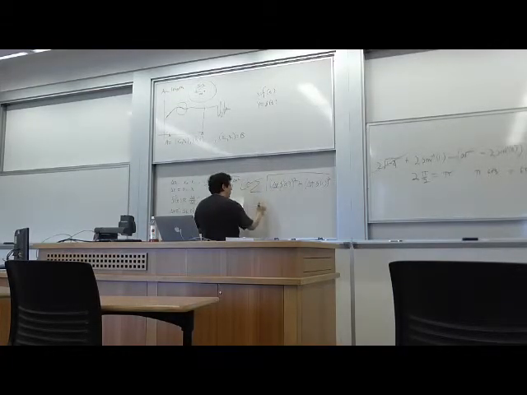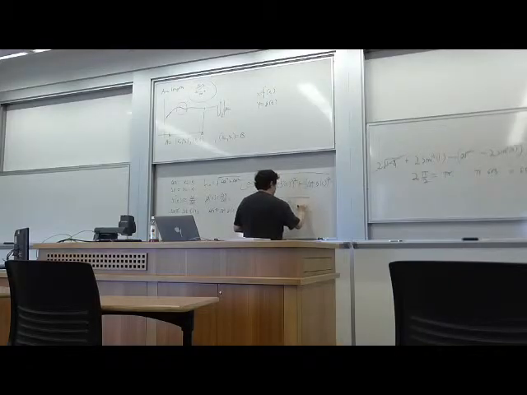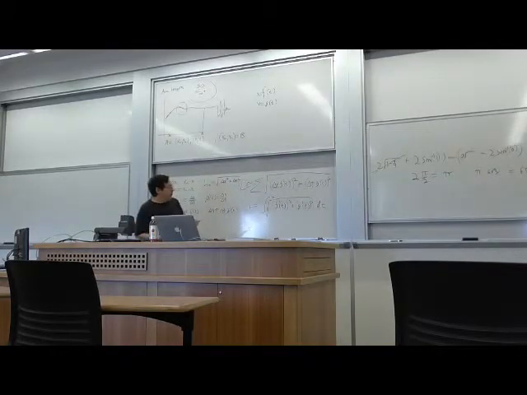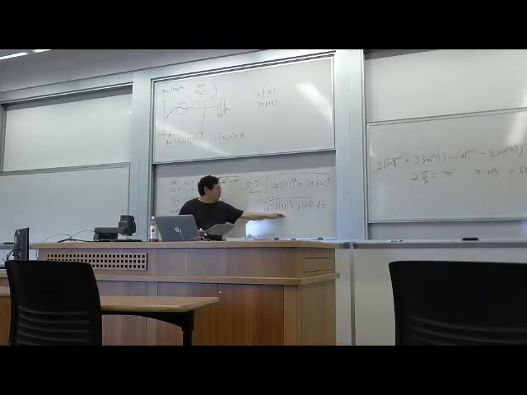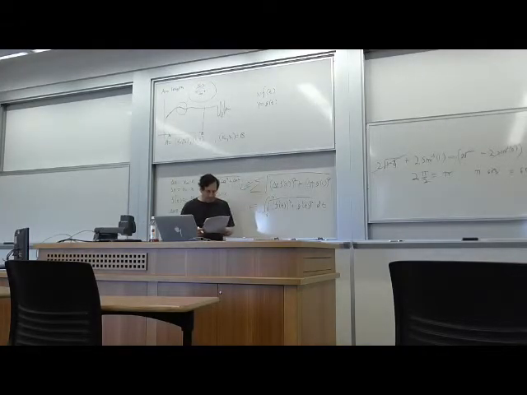By letting this go to 0, we get the exact length as this integral from a to b of the square root of f prime of t squared plus g prime of t squared dt. So this is our length formula for some function given by these parametric equations.